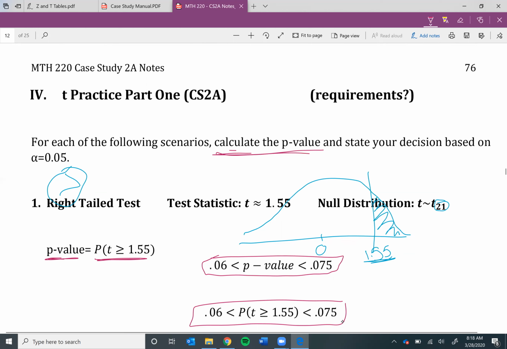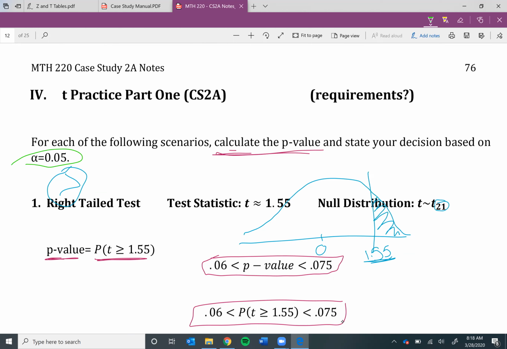The next thing it asks us to do is state your decision based on alpha equals 0.05. So is our p-value smaller or larger than 0.05? I'm going to try to use some different colors today.